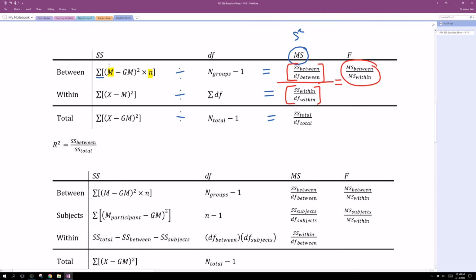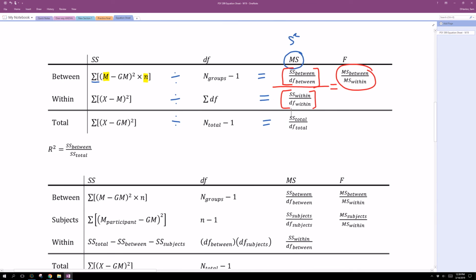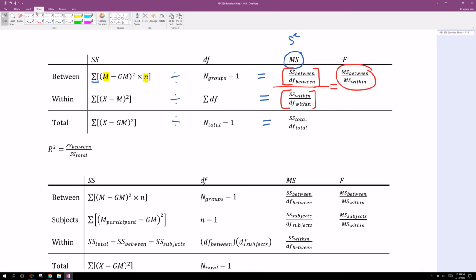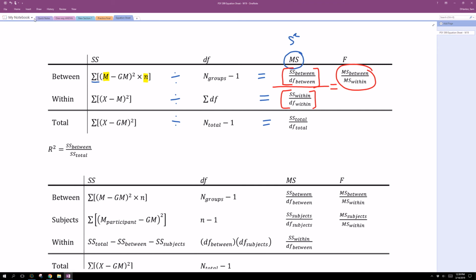You have SS between and SS total. So R squared gives you the proportion of sample variance that is accounted for. You don't need to know what that means, but just know that all you have to do is use the information that you've already calculated.